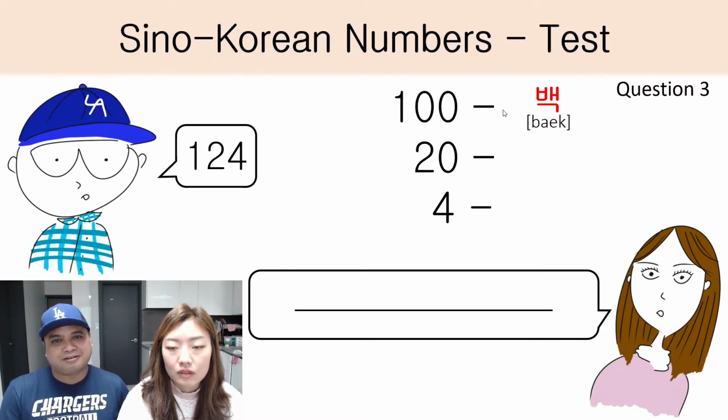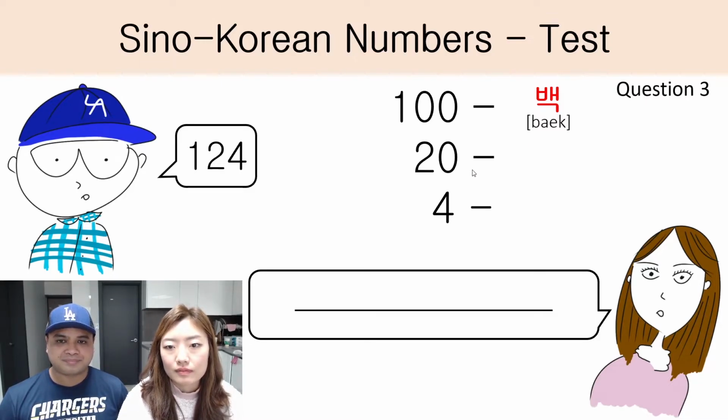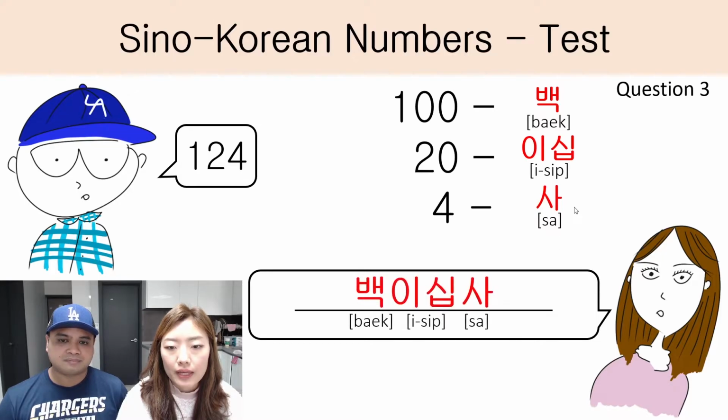You know, baek already means 100, but we just skip 1. So it's like just 100, not one 100, you know? And for 20, 20. And for 4, 4. So put them all together. 124.